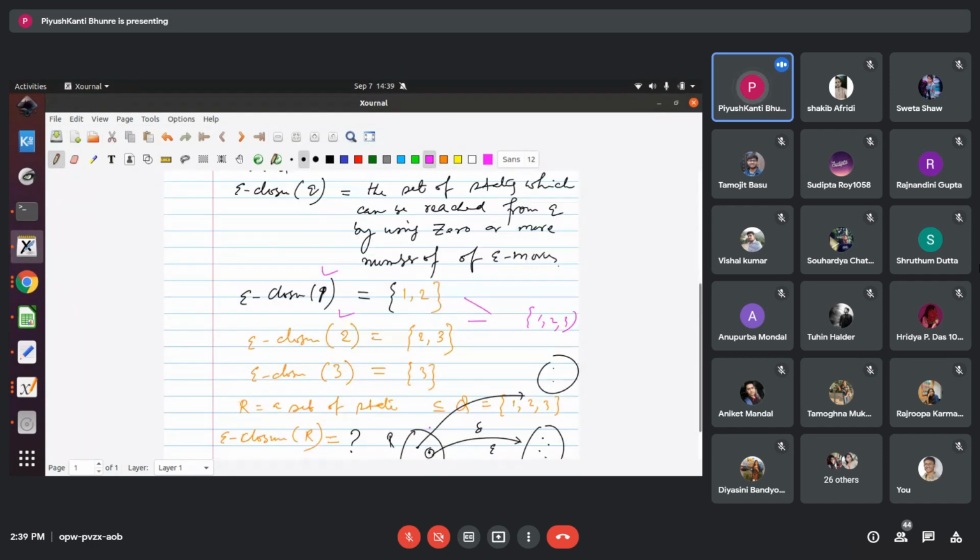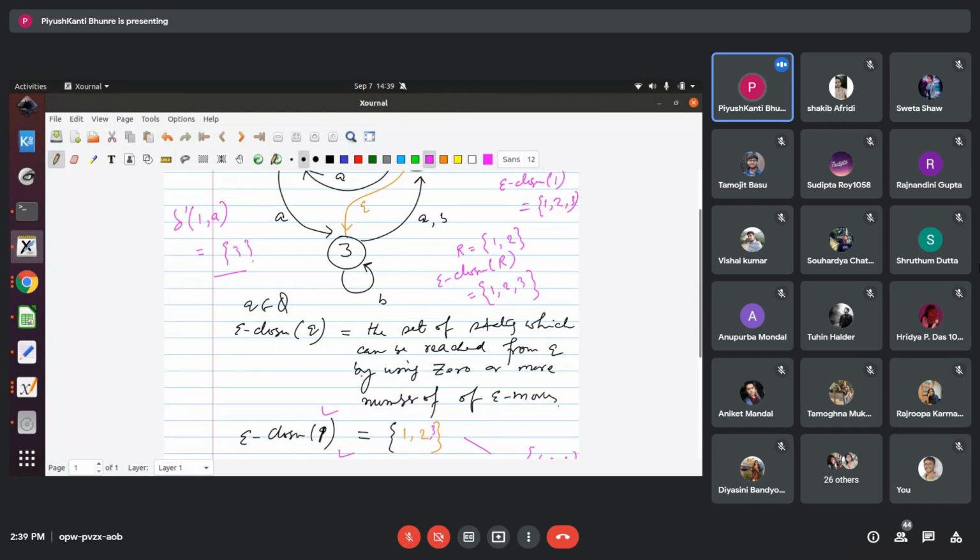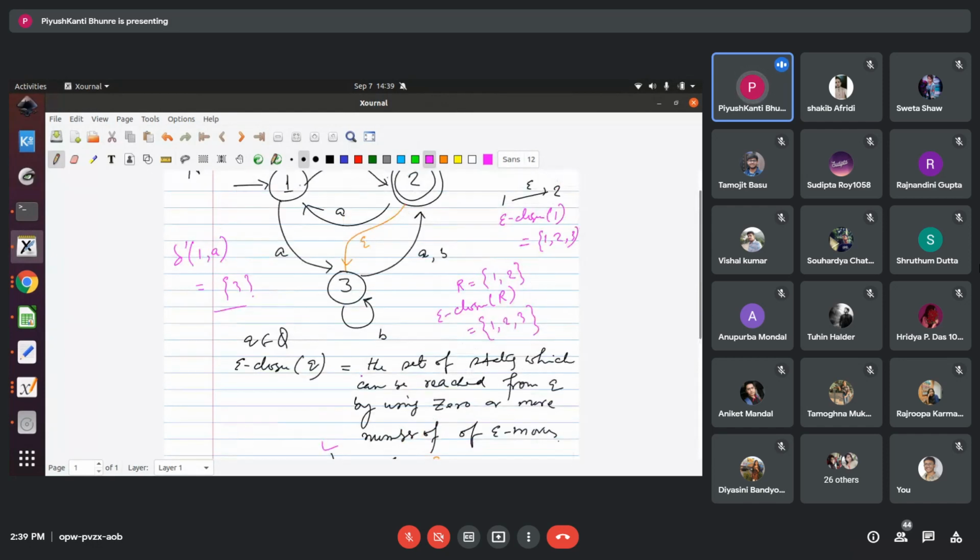So for any state q, epsilon closure is the set of all states which can be reached from q by using 0 or more epsilon moves. Either no epsilon moves or a number of epsilon moves.